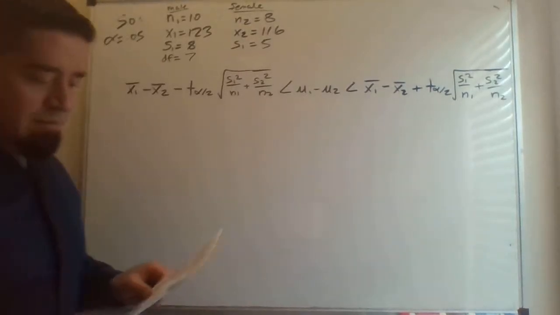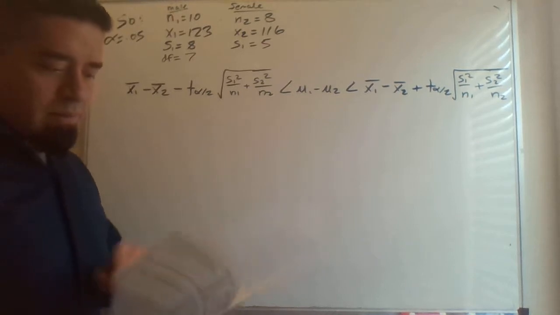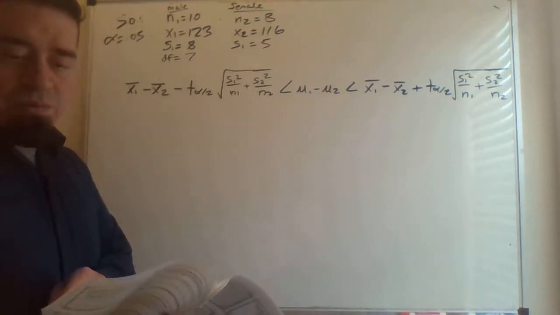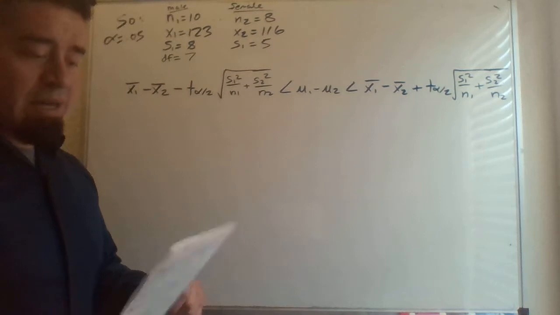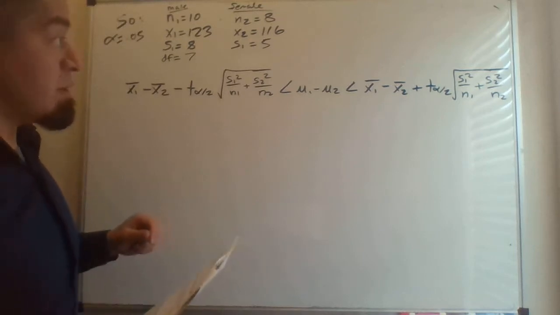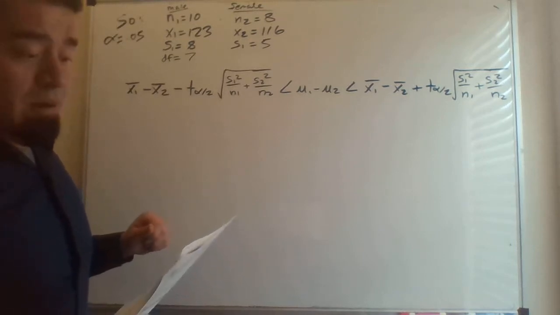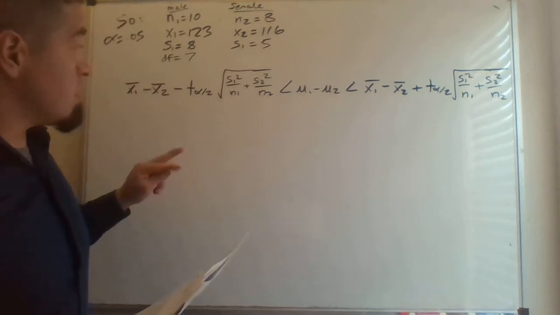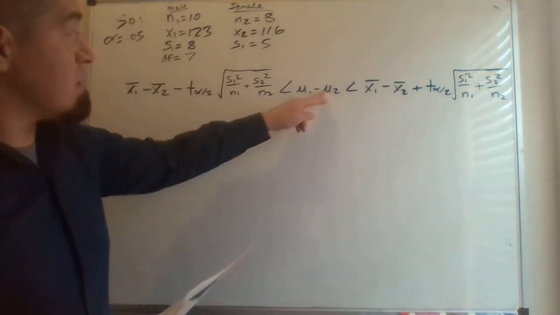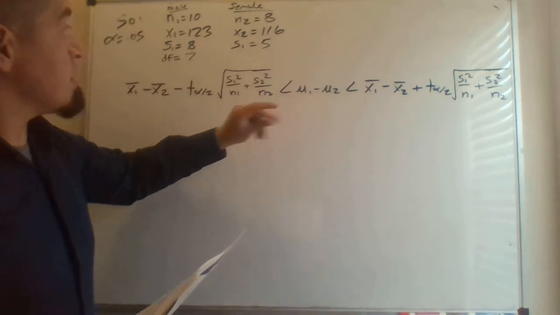Okay, so as a follow-up to the same question for the weights of newborn infants, we want to find a 95% confidence interval for the difference between the means of the male and female infants.